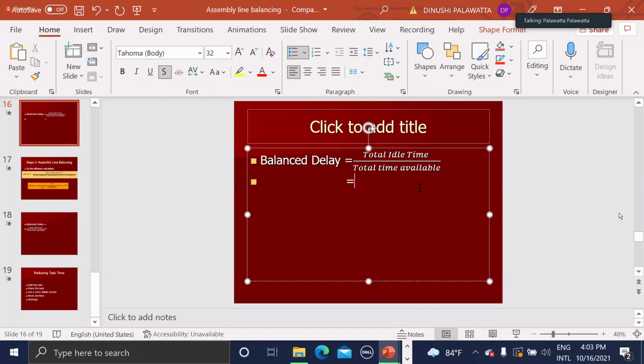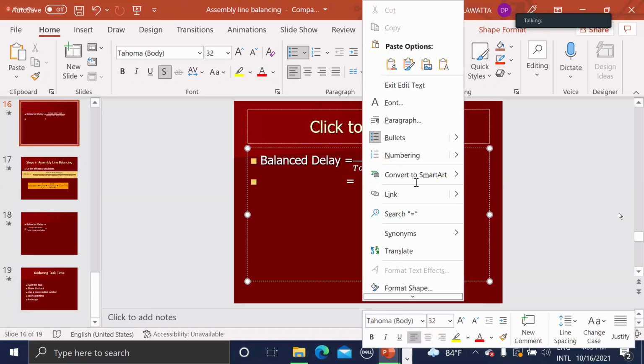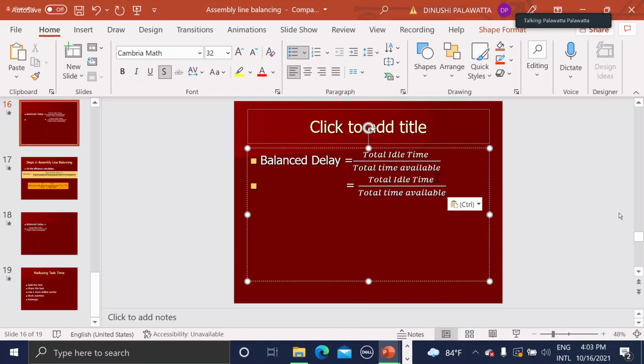total idle time equals total idle time in our first workstation. We have 5.4.